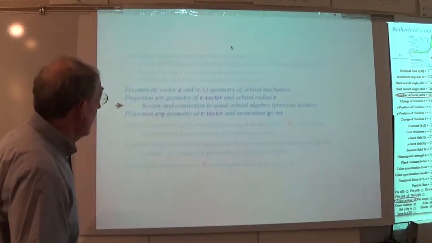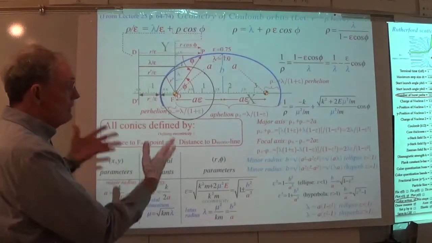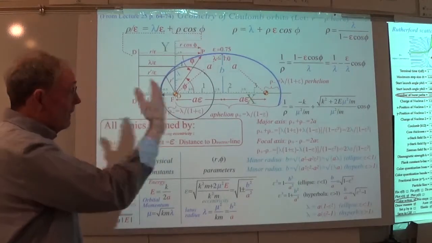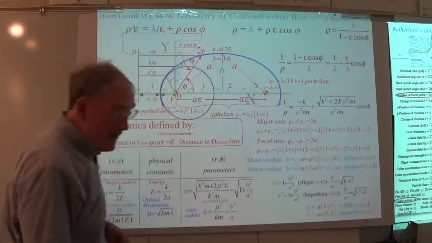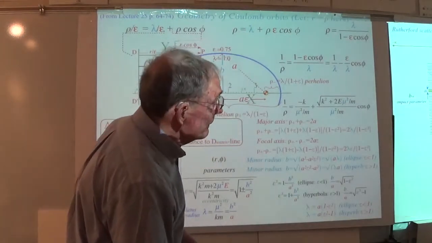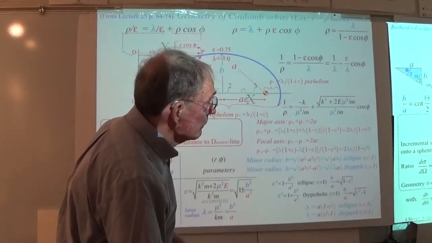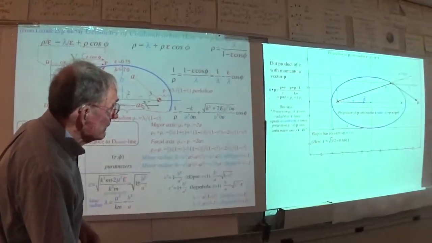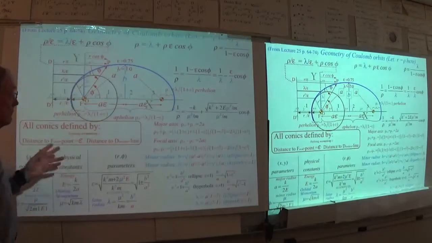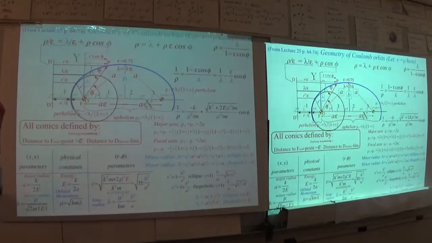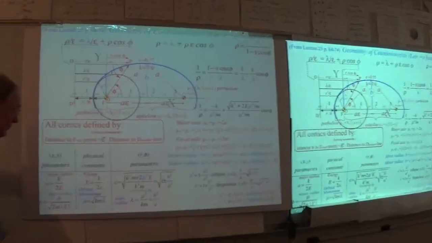Okay, now, here's this great big pile of formulas of the geometry that we did before, and it won't hurt if we bring things into order here. I'm going to jump ahead to this one, and then we're going to explore a little bit of this geometry with the epsilon vector, showing some of the things it does.